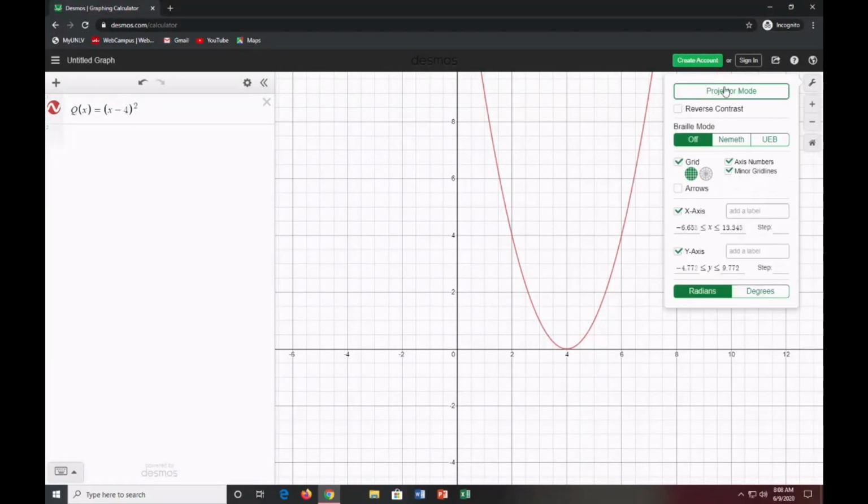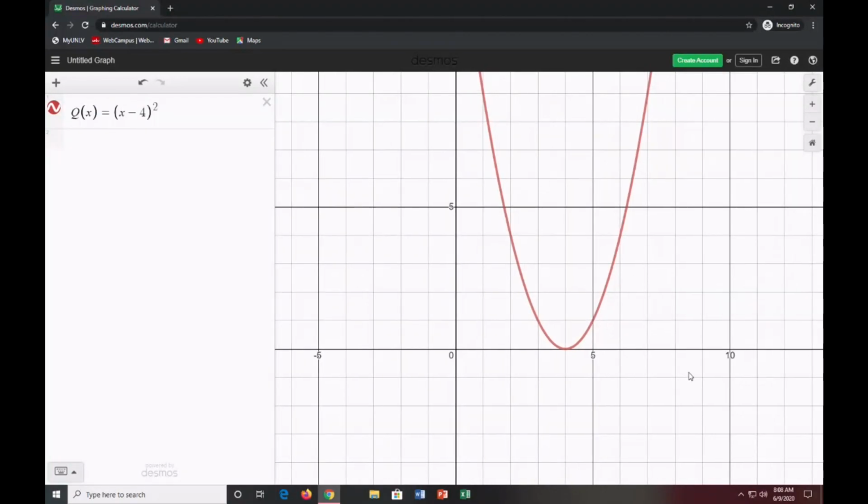And projector mode, there it is. So that's probably better visible. That point is 1, 2, 3, 4, comma 0 right there. So let's snap to it. And there you see the dot appear at the vertex, and I'm going to label it as 4, comma 0.